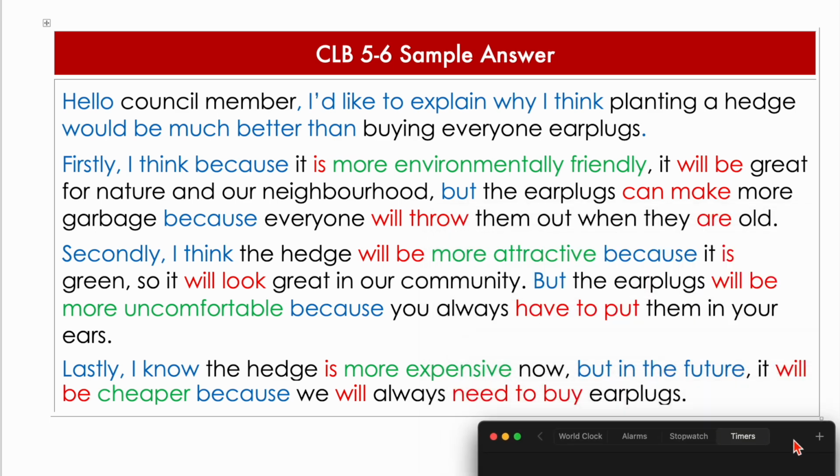Okay, everyone. So, you see, I was speaking slowly for you, slowly and clearly, but that is level 5-6. 5-6 speaks slowly and clearly and continuously, okay? Not pausing so much.